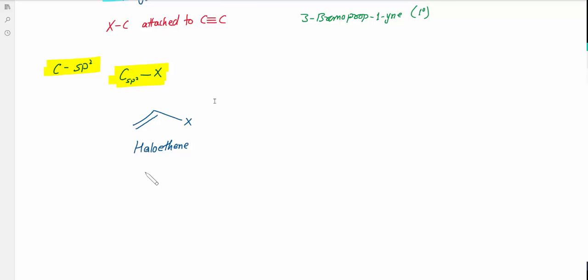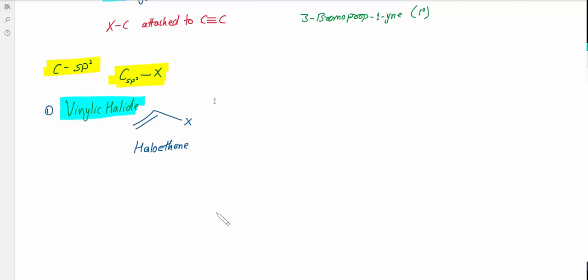So one category is called vinylic halide, and the one which we have just now seen, that is called vinylic halide. So this is the first category here, and we have already seen that the halogen is attached to one of the carbon atoms of the carbon double bond.